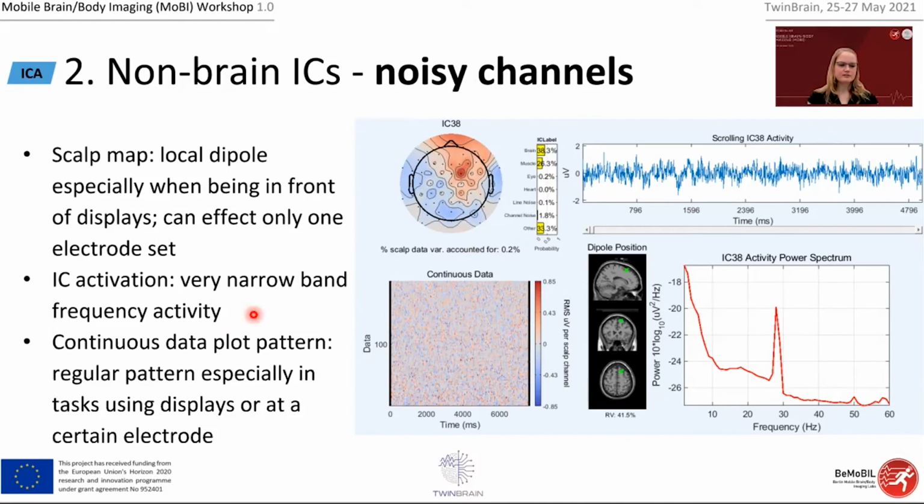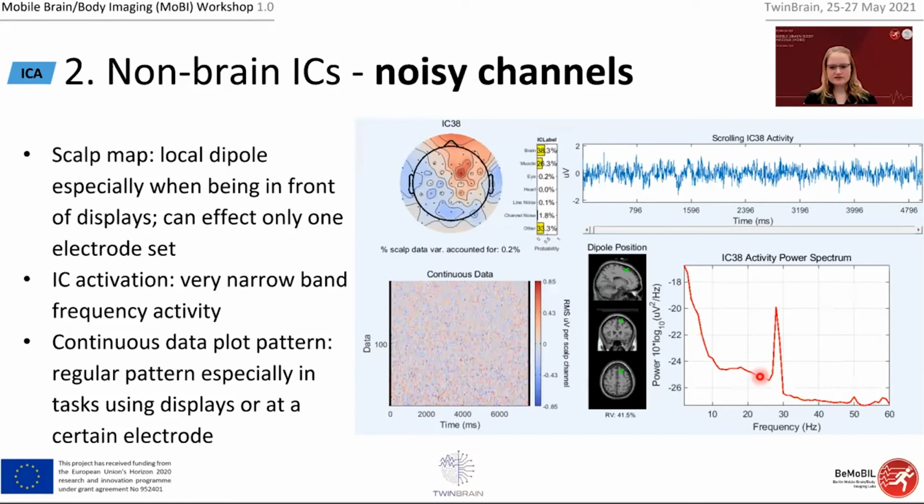The continuous data plot shows a more or less regular pattern, especially if you have a task in front of a screen, you may experience that a more frontal independent component covers a lot of the noise. It can even look more regular than this does, at least from what I have seen so far.